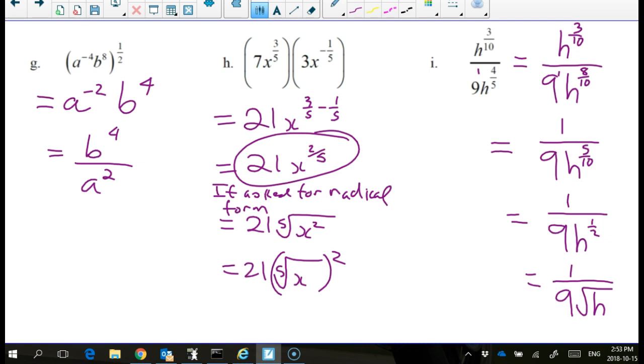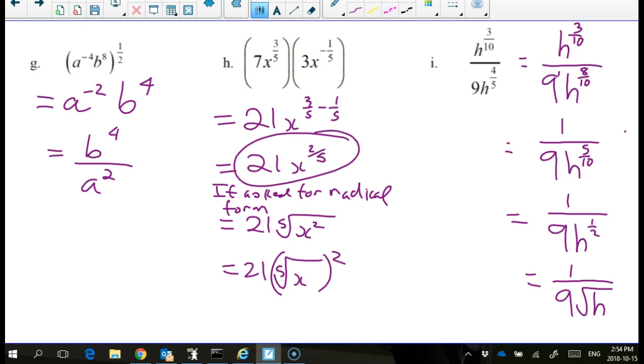Don't start taking the square root of 9, like writing this as 3√h. It's not in brackets. If it were in brackets, you'd have to do power to a power first. So the exponent on the 9 wouldn't change if there were one.